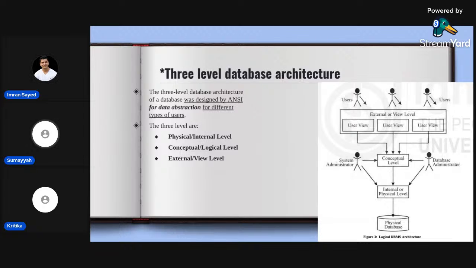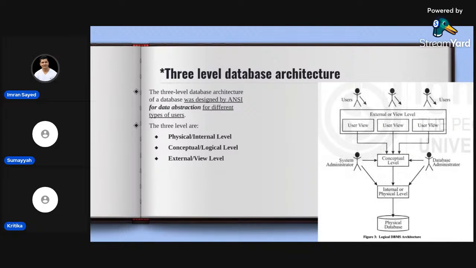It defines the structure, the constraints and the relationships in the database. And the external level is how the database appears to different users. Different users might have different views of the database.